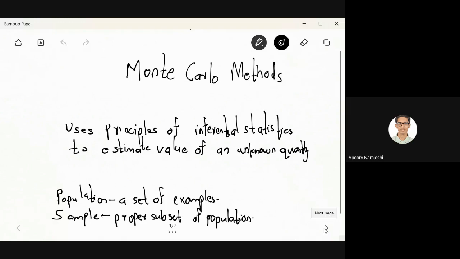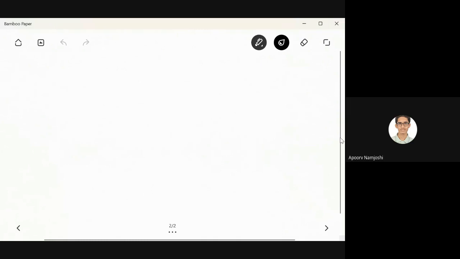Regardless of what specific steps are followed, there are three general steps for any Monte Carlo method. They are the following. Firstly, define the system.